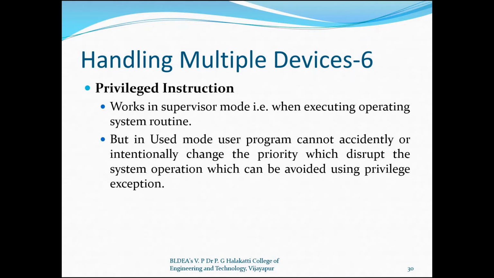Whenever the system is performing operating system work and we have different user applications in our system, if one is in user mode and tries to accidentally change the priority of the operating system subroutines or the interrupts, then it should not be allowed, and this can be done by using an exception message called privilege exception.